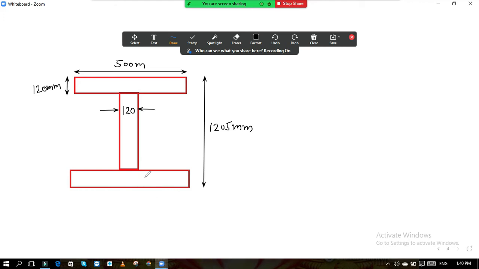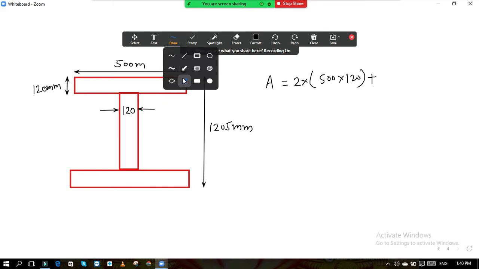Now we will calculate the area of this I section. So actual area, what is the area provided? Here top flange 500 into 120, area of top flange. Same will be the area of the bottom flange, so I will multiply this by 2, plus here we have to calculate this web depth.